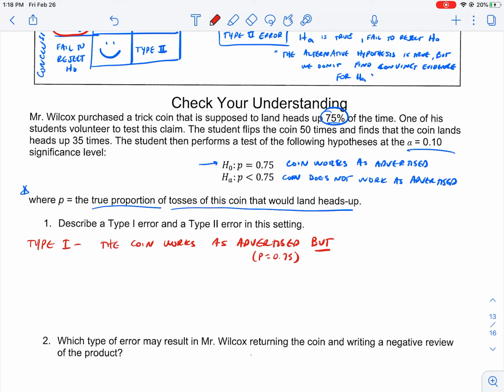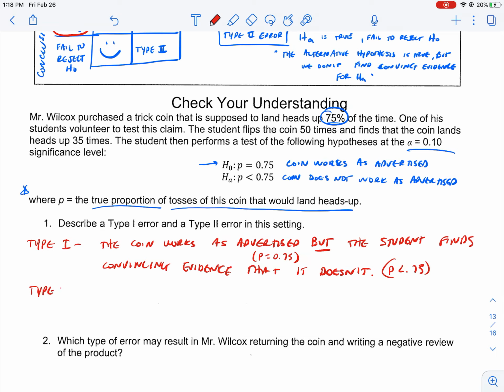But the student finds convincing evidence that it doesn't. Okay? So that would mean that P is less than 0.75. Okay, that would be the convincing evidence.